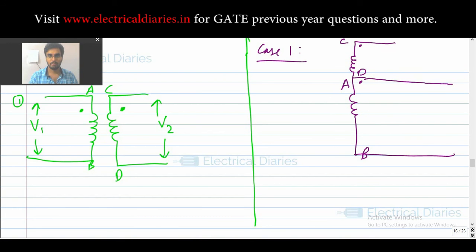I am taking the LV side here and the HV side here. So this is one case. Here it is an additive polarity. Just remember these polarities.